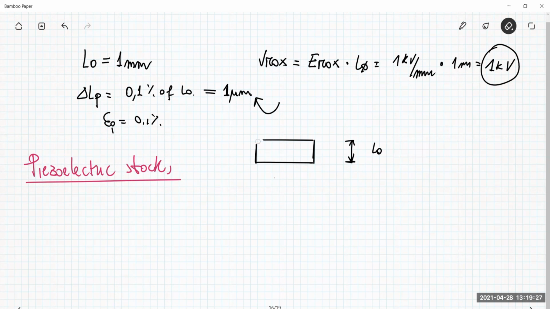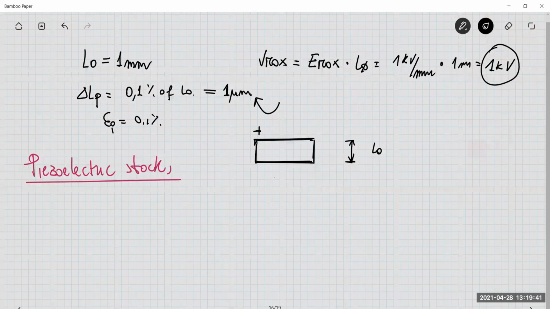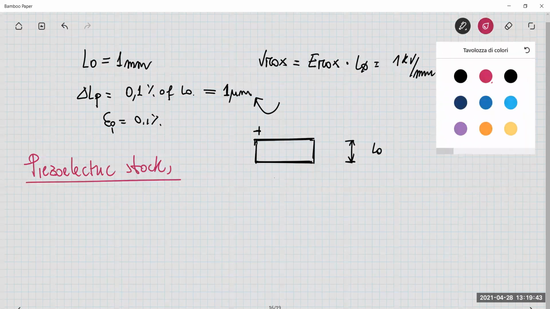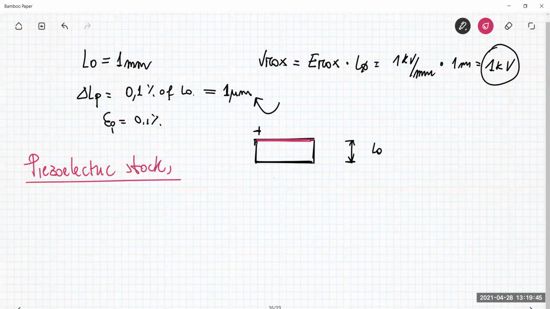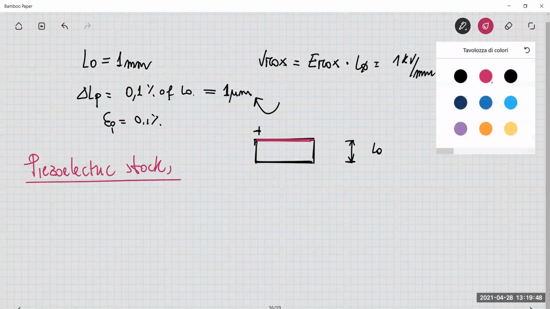I have the two metallic contacts on the surface of this material. I apply here the plus, let me put in red the plus terminal, and in black the negative one.